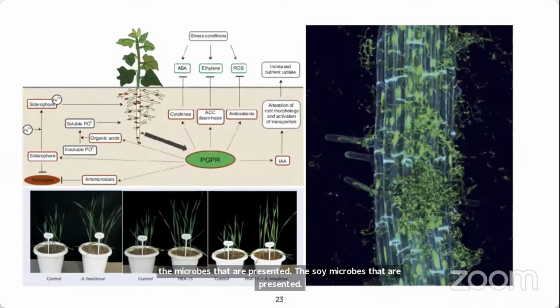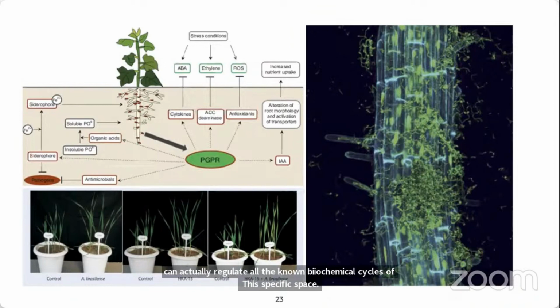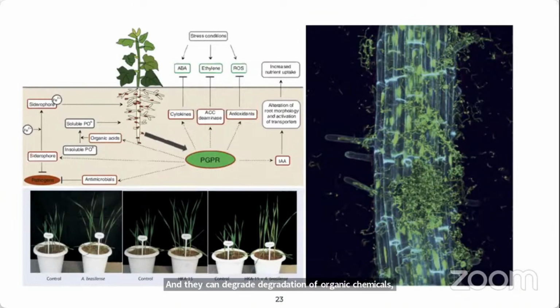These microbes inhabiting the area are generally termed rhizobacteria, and they can regulate all the known biogeochemical cycles of this specific space, they can regulate degradation of organic chemicals, and they can preserve the components of the soil chemistry.